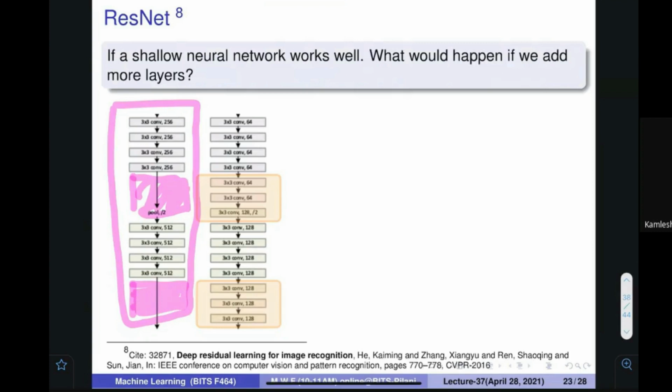Will it be better or worse? You can think that it would be no worse, because if I was telling you that that was the best network, then performance would not degrade. Why? Because whatever is being fed over here can be transferred over here. It is possible: it can do the identity mapping and get the same thing over here.